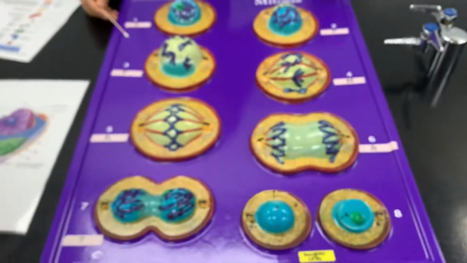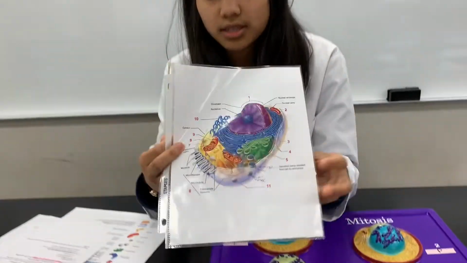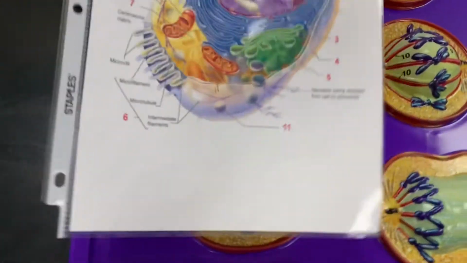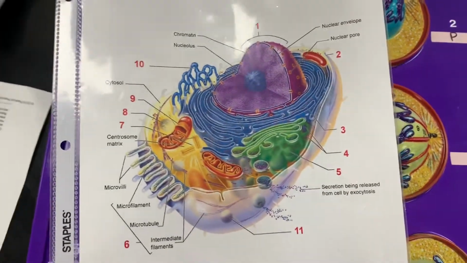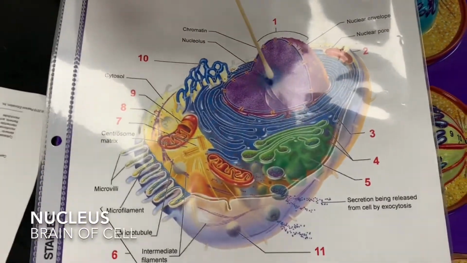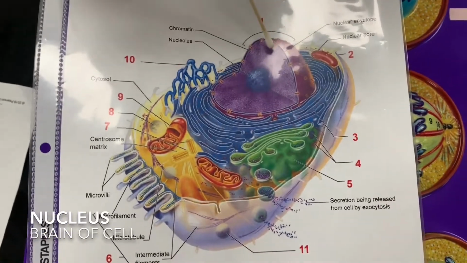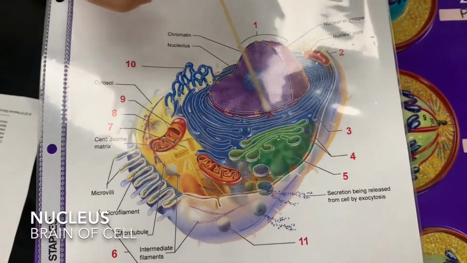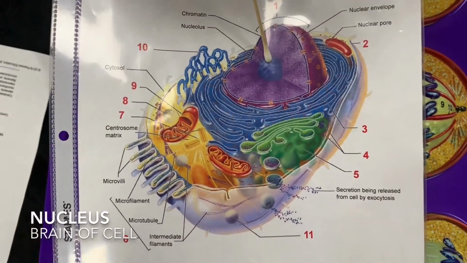Next we're going to go over the cell and its organelles. First we have the nucleus, right here. The nuclear envelope is like the whole thing around the nucleus.